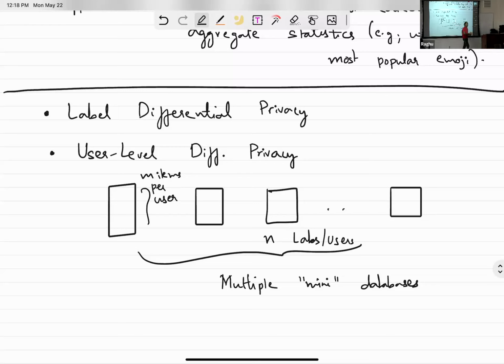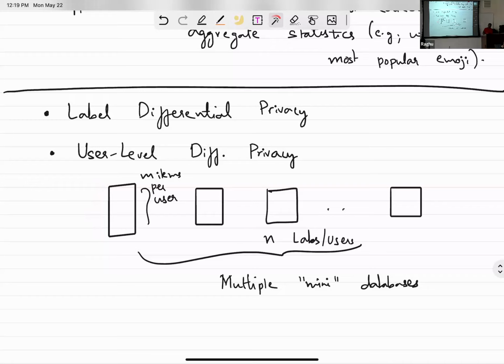What's the right trade-off in terms of the number of labs you need to guarantee privacy? Yeah. Make sure I understand the setup correctly. So we have n labs, and for each of the labs, they all have the same users? No, they have different users. They could potentially have different users. It's almost like group privacy, except the lab only cares about the privacy of all of these m users put together.